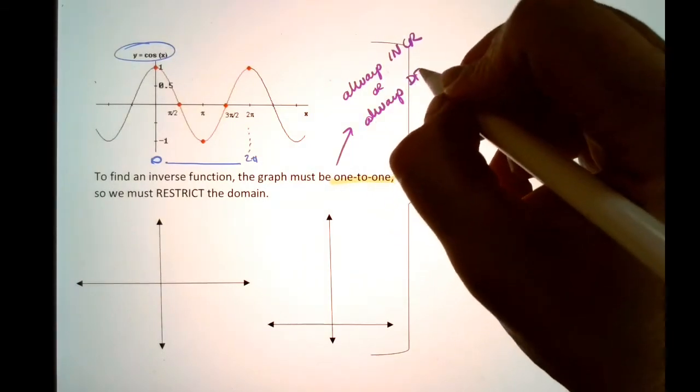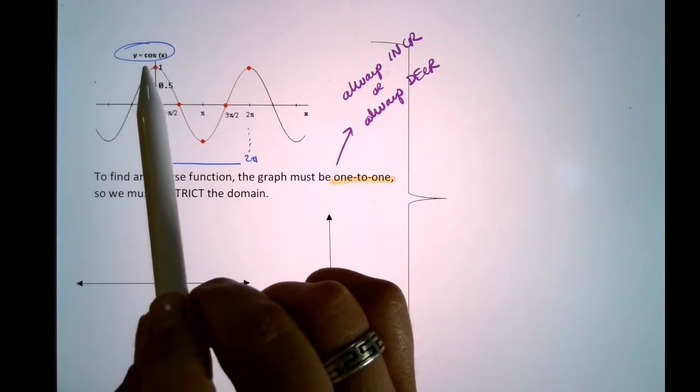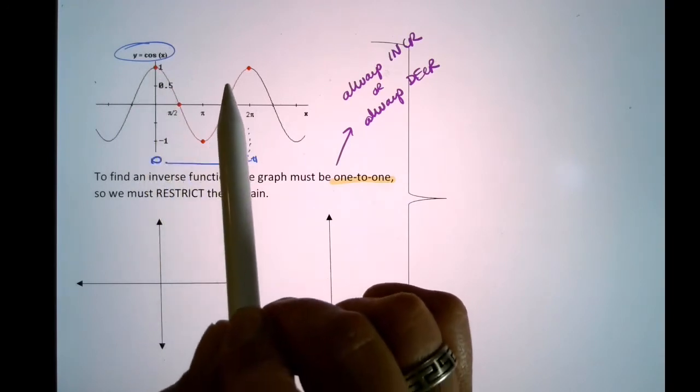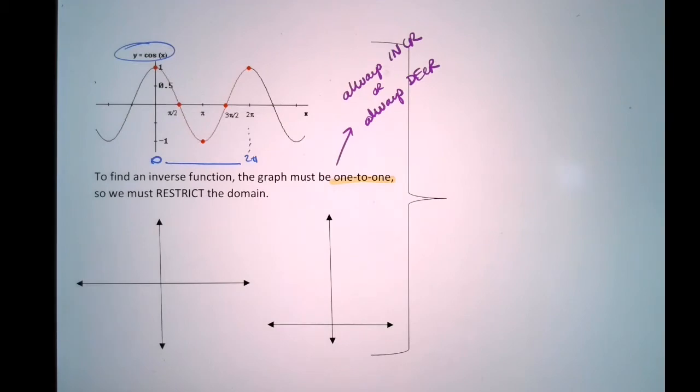Focus here on always. And if you look at this cosine wave from left to right, it's decreasing, and then it increases, and then it decreases. This is a problem. This graph is not 1-to-1. Therefore, the entire cosine wave does not have an inverse function. It fails the 1-to-1 condition.